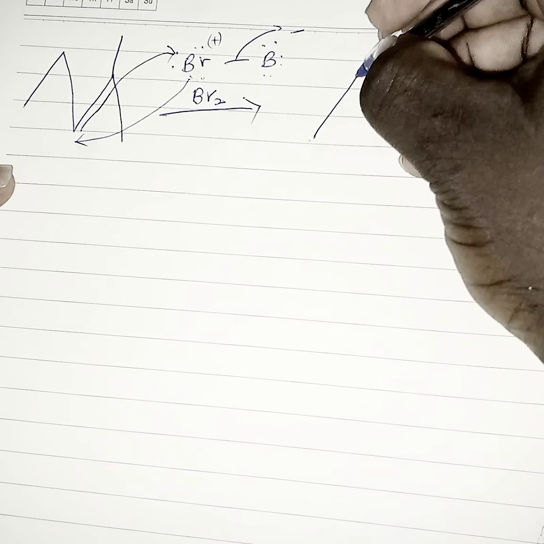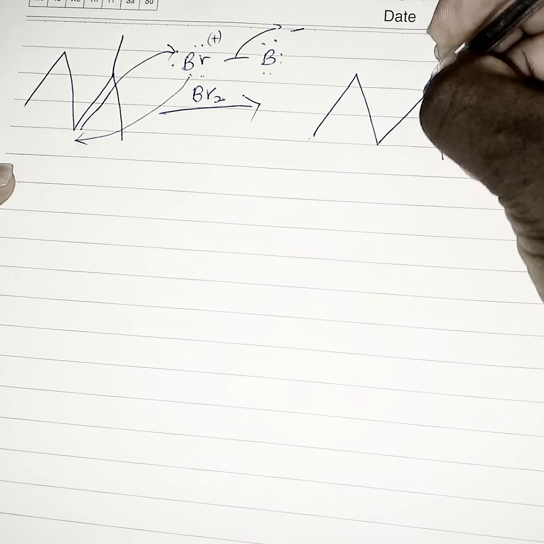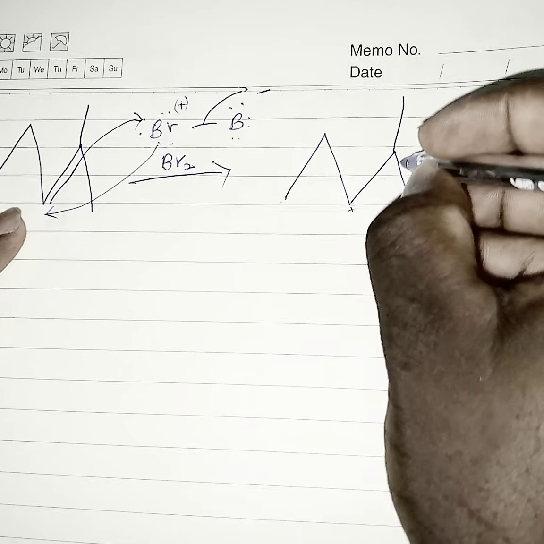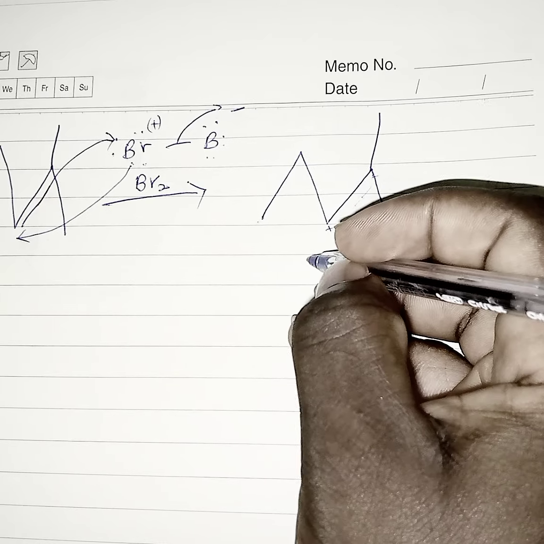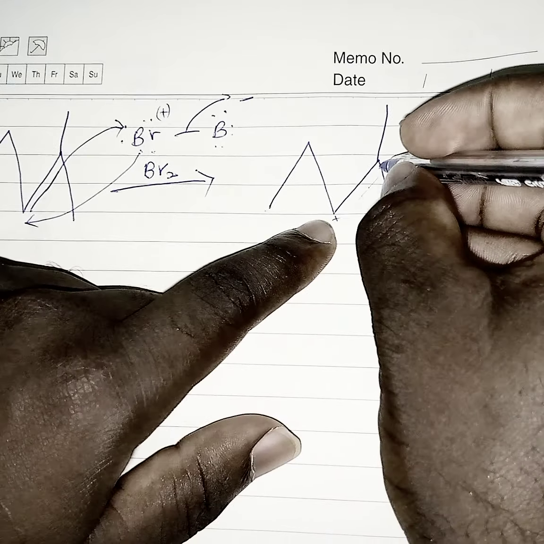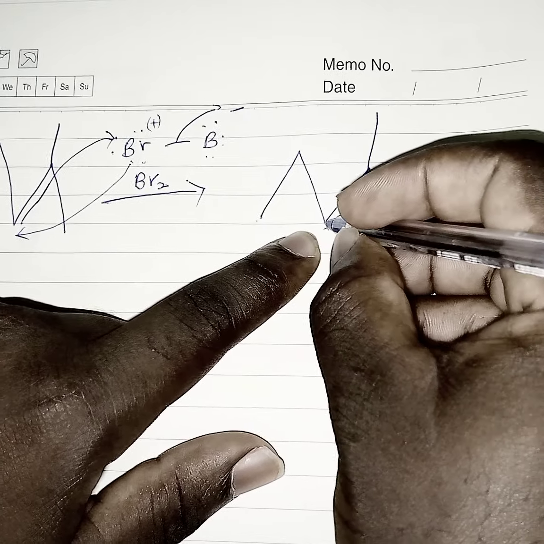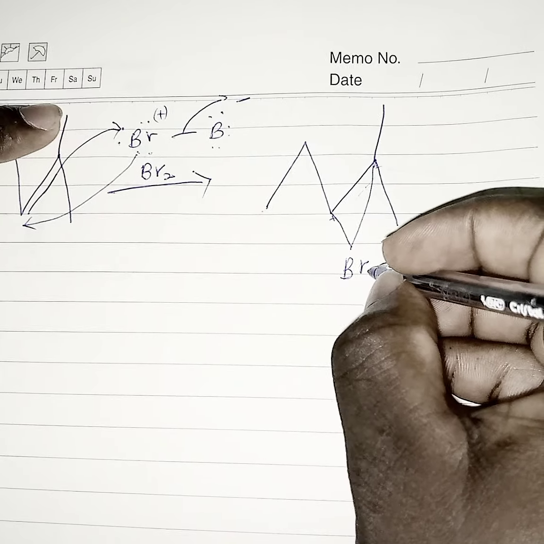So form a compound like this, we have a substituent here. So this is where the positive charge will be, because this is where the double bond exists. So we expect to form a bridge at this side, which will have the positive bromine here.